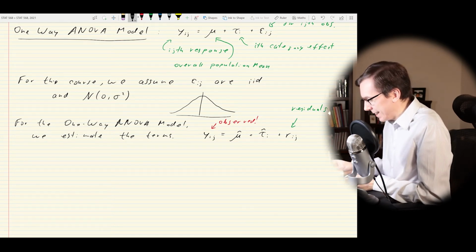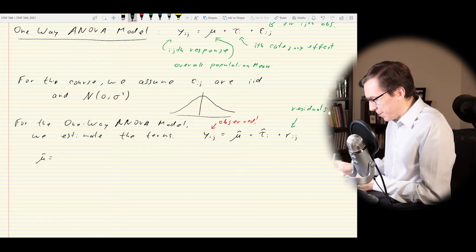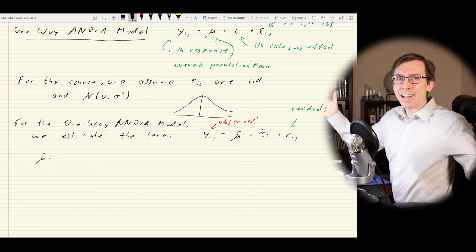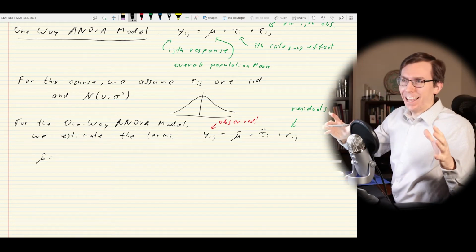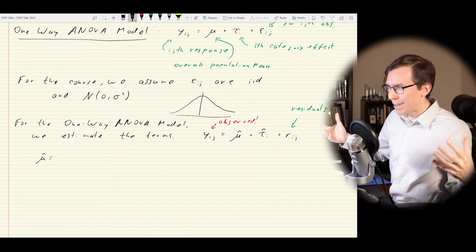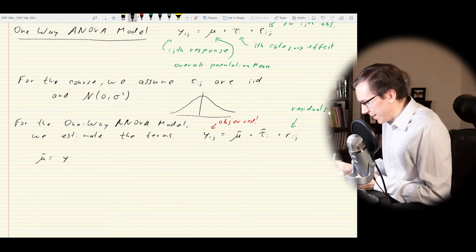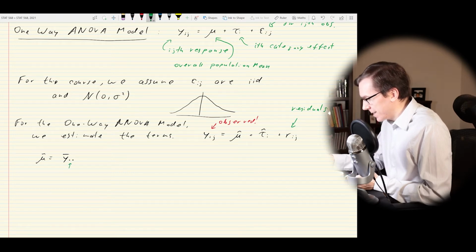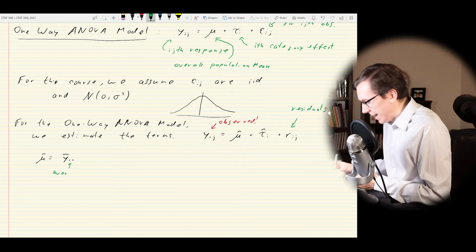Right, so we actually get these estimates, so we can write these down mathematically. Mu hat is really just what you think it should be, which is we take the average of everything we saw, and that's going to be our estimate of the global average. Now we can denote that as mu hat. It'll be convenient to write that as y bar dot dot. So this double dot notation means average over both indices.